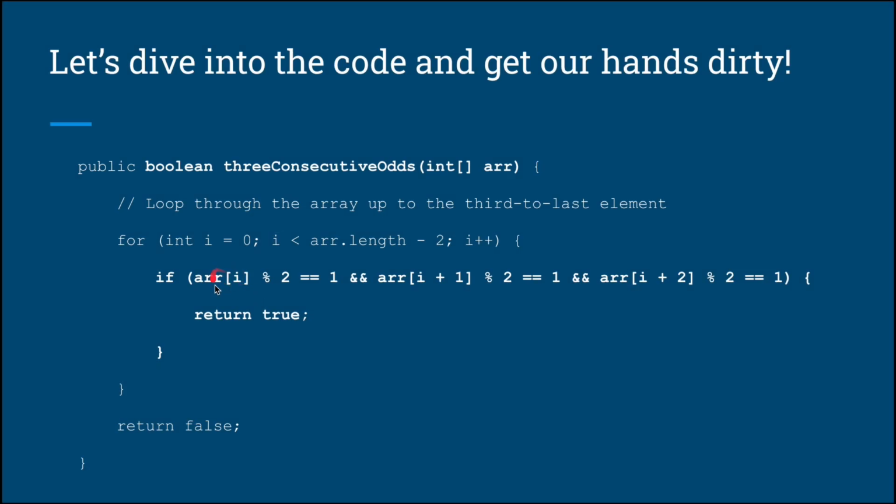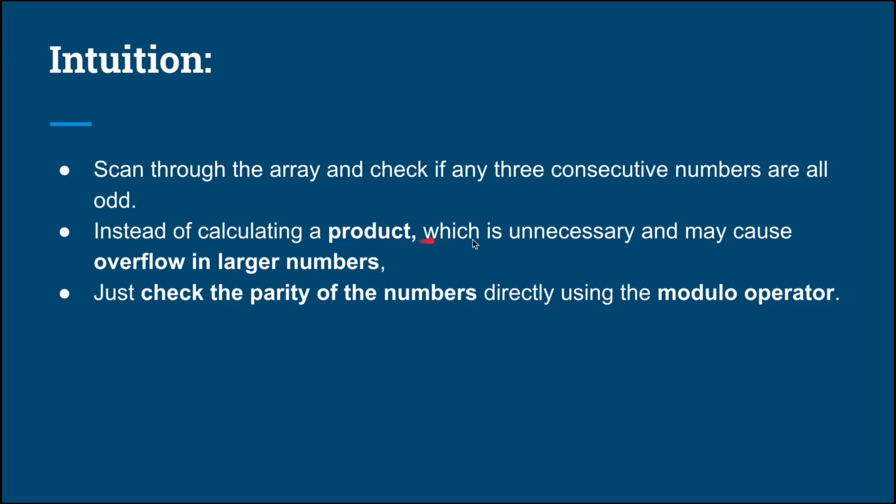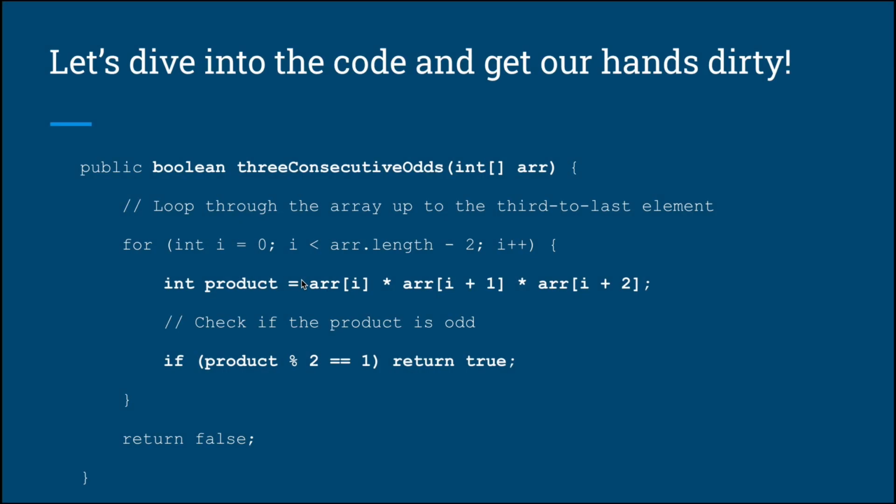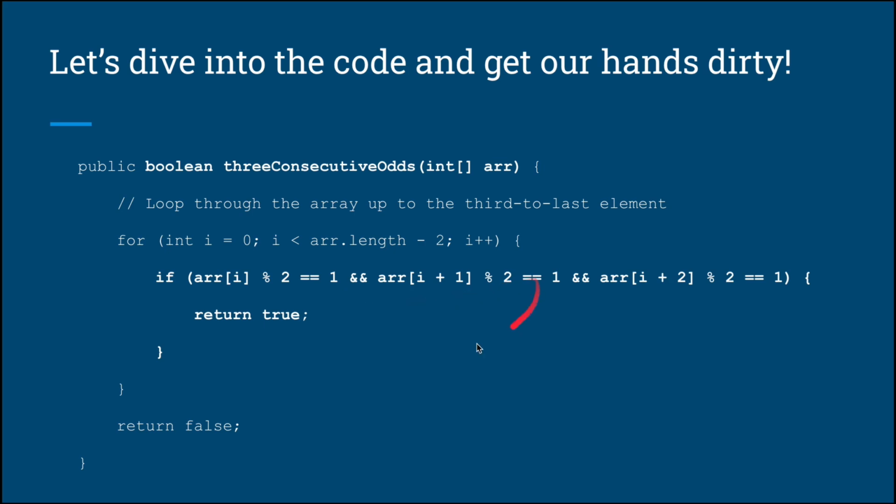If the array elements are large, that may cause a problem. Instead of calculating the product, which may cause overflow, better not to do the product and check instead whether all the elements are consecutive odds. For that, check the divisibility. All should give remainder one.